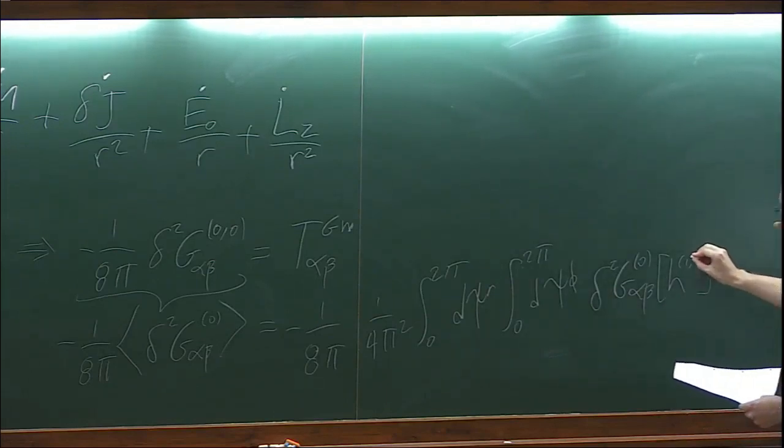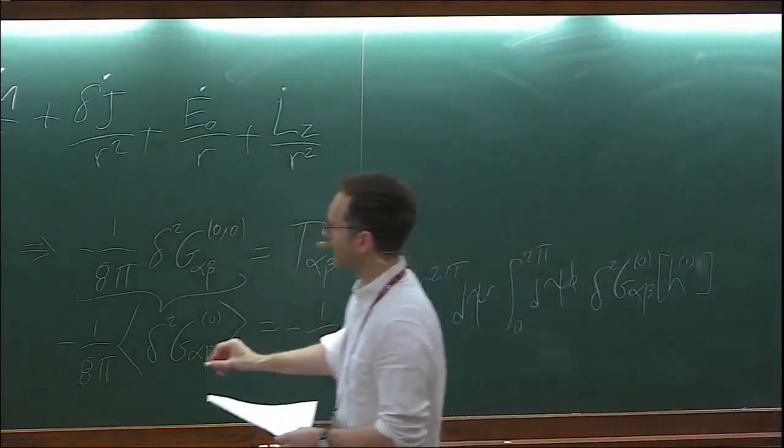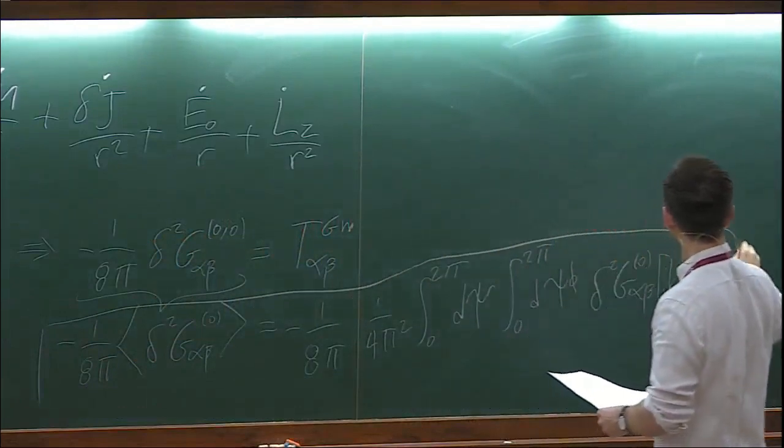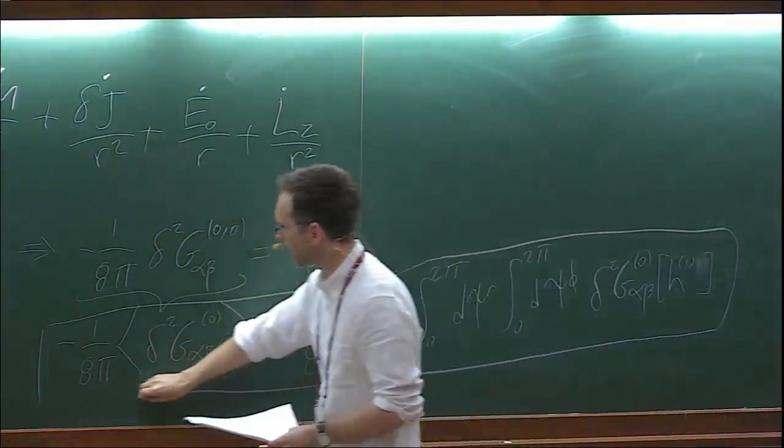So this big quantity here is the effective stress energy tensor of the gravitational waves.